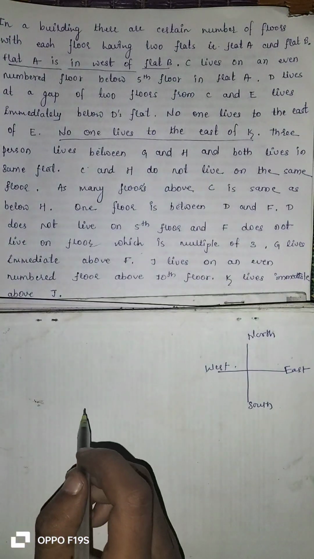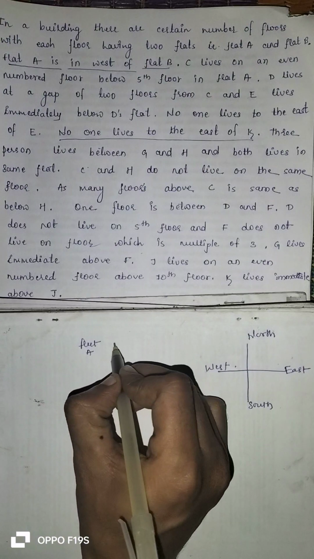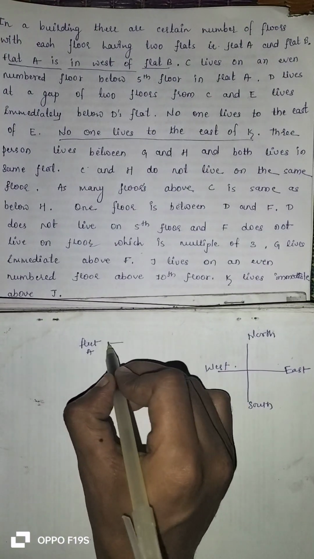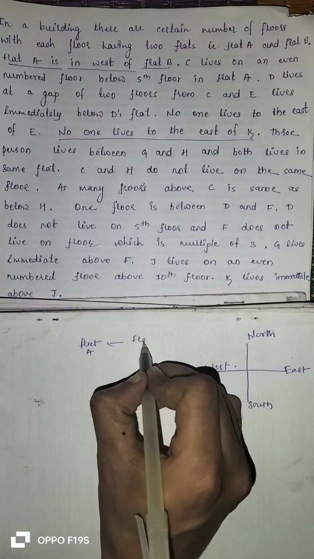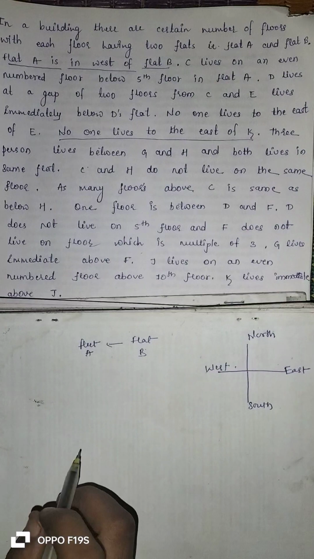So from the above conditions, flat A is west of flat B. That means it is the left side of flat B.